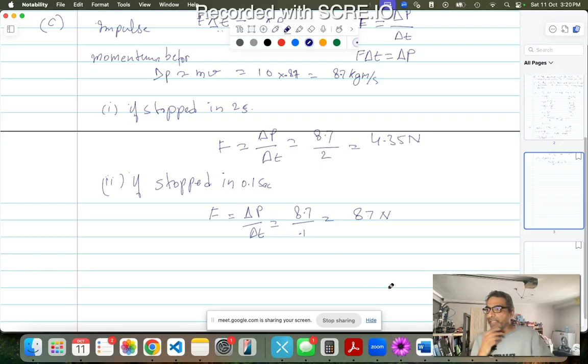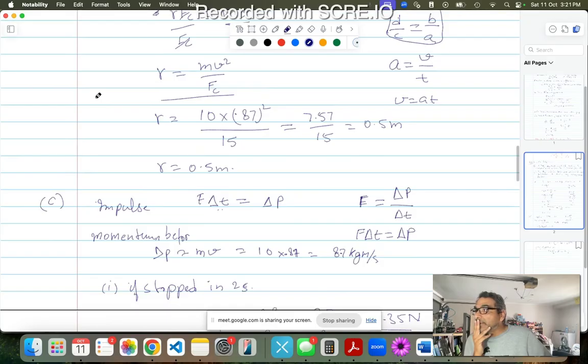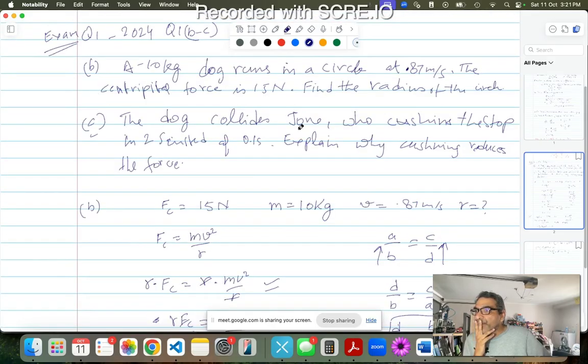Now see, if it stops in 0.1 second, the force applied is 87 newtons. But if it stopped in 2 seconds, the force reduces to 4.35 newtons. Therefore, the question asked is why cushioning reduces the force.